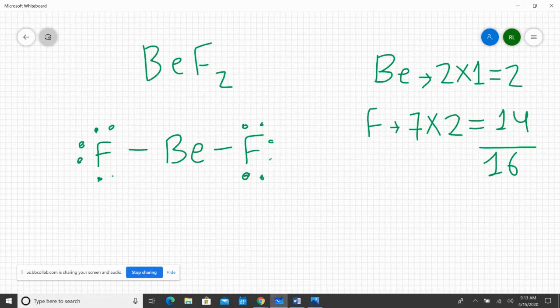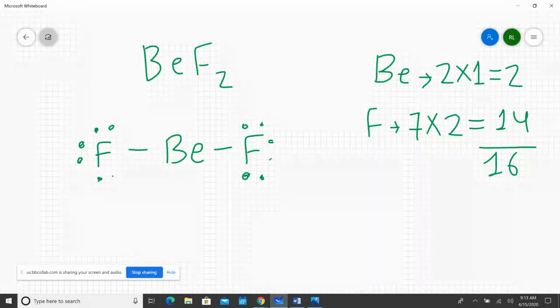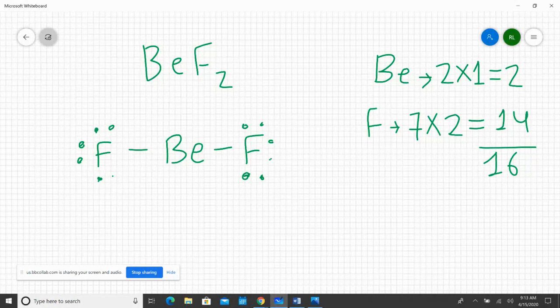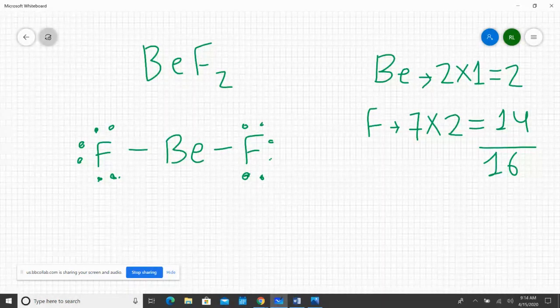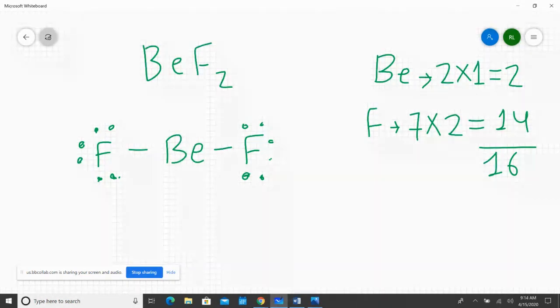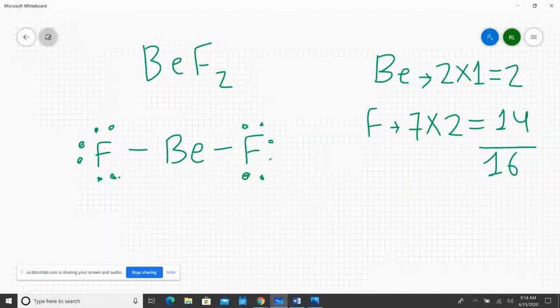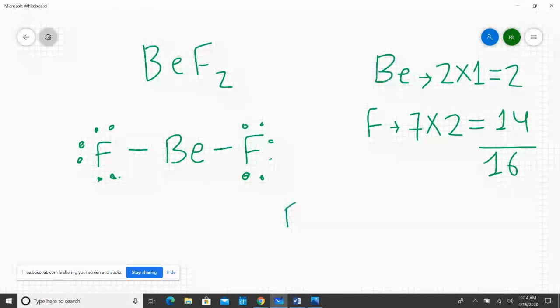Now the question you might be thinking is, I drew the Lewis skeletal structure, and then I dumped all my remaining valence electrons on fluorine, so that fluorine would follow the octet rule. Now you might be wondering, if you look at beryllium and count the number of electrons, it has only 4. Couldn't I have done something like this?